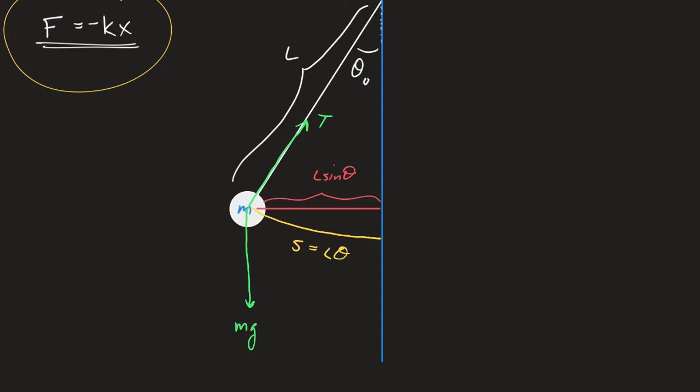Now, both of these forces contribute to causing this object to oscillate, both of them. So you have to decide an appropriate coordinate system in which to observe these forces. Now, you can choose a coordinate system that's aligned with the weight, but that would assume that the object is traveling along the red line. Or you can choose a coordinate system that's aligned with the tension, and that will assume that the object's traveling along the yellow curve.